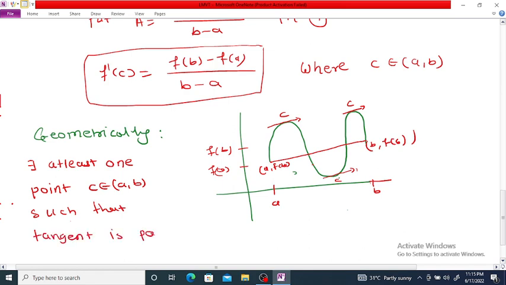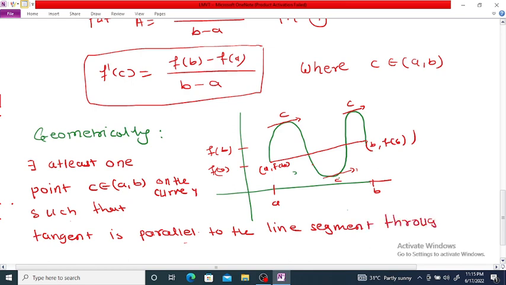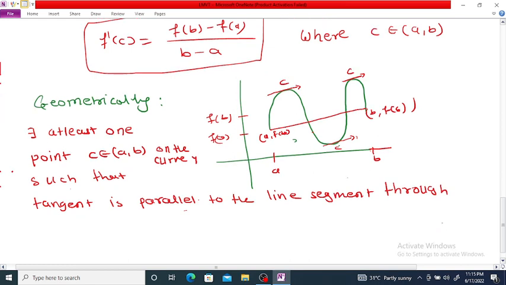There is a point c on the curve y such that the tangent is parallel to the line segment through the points a, f of a and b, f of b.